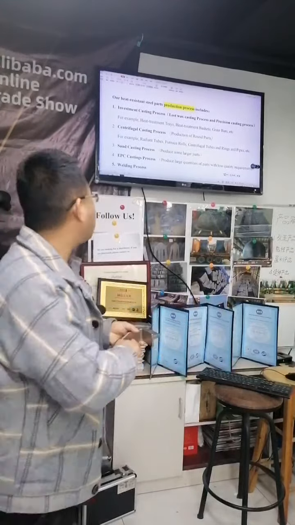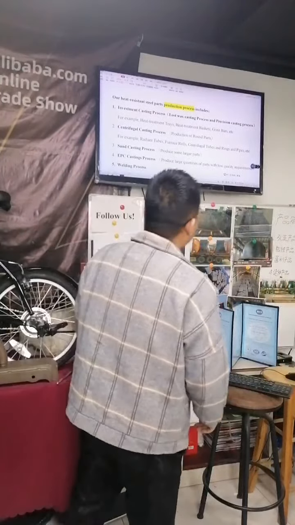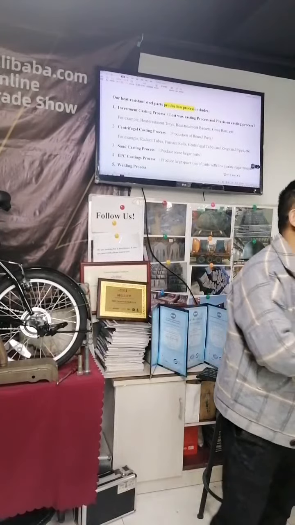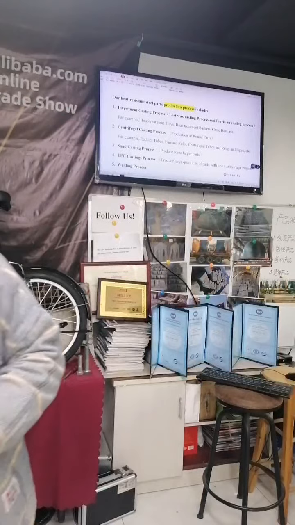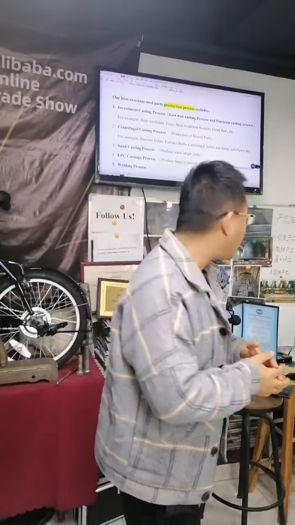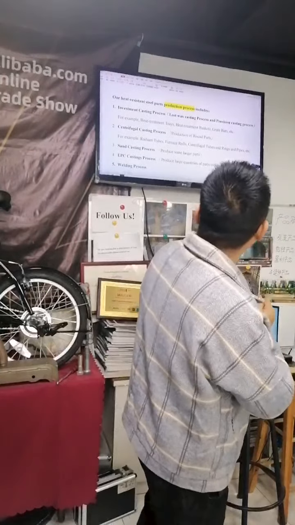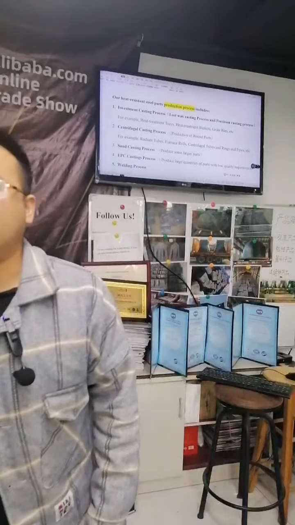And another process is our centrifugal casting process. This process makes some round parts, like some radio tubes, and furniture centrifugal tubes with pipes or more information.